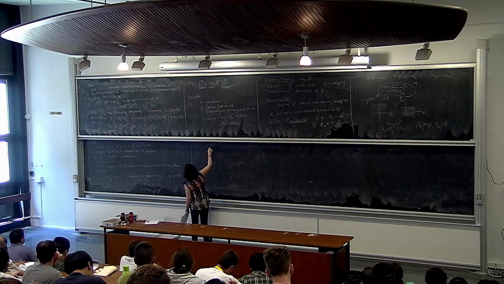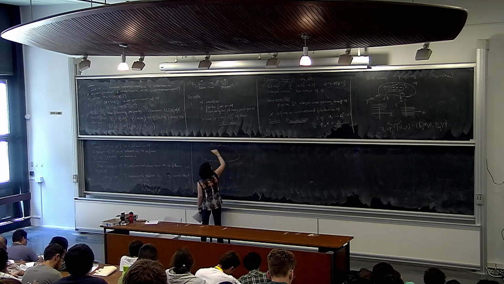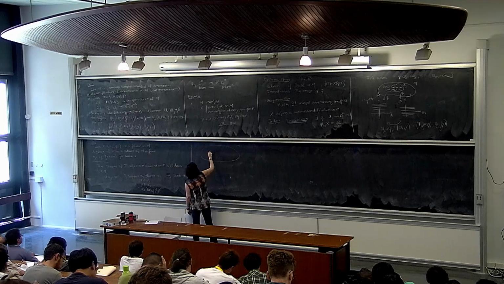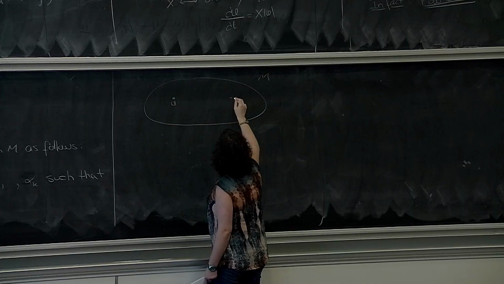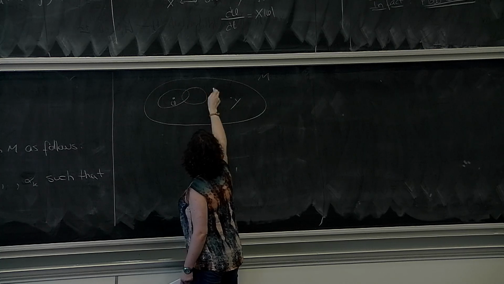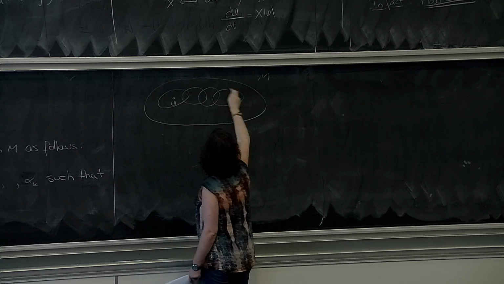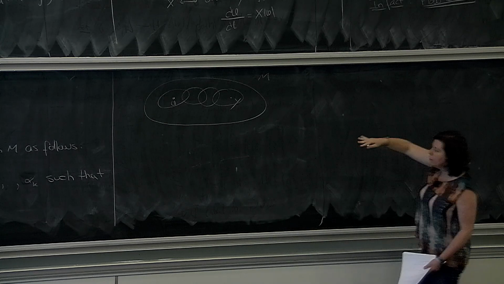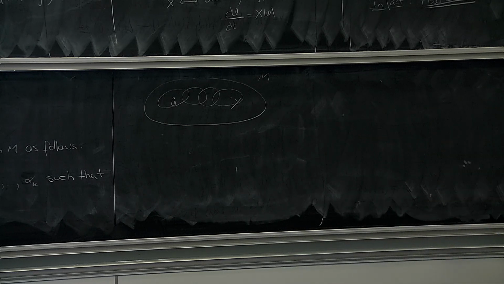So essentially we have here M, we have here x, we have here y, and we can take plaques on different open sets connecting x to y.